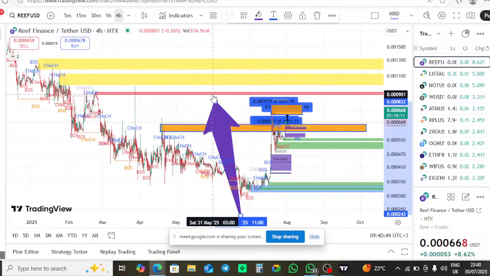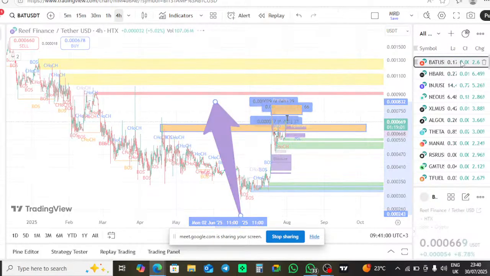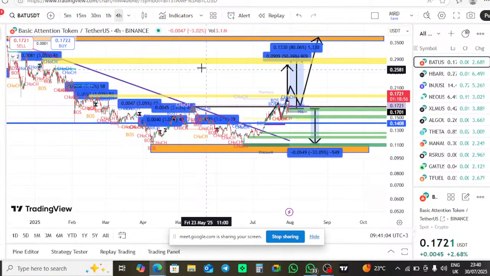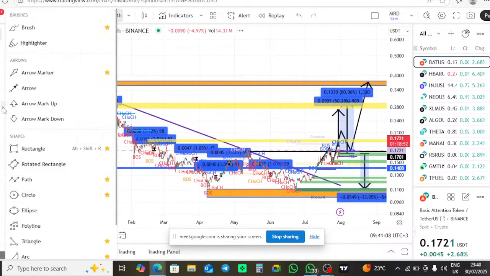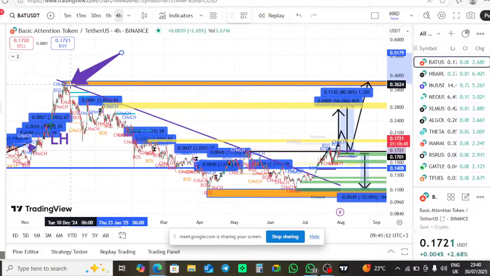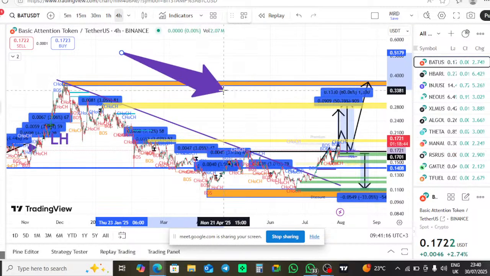That's why I shared with you this coin to take 50%. I don't know whether others get it, but this was it. Now look at this. This coin has the highest level here, and this small line is our major supply level.